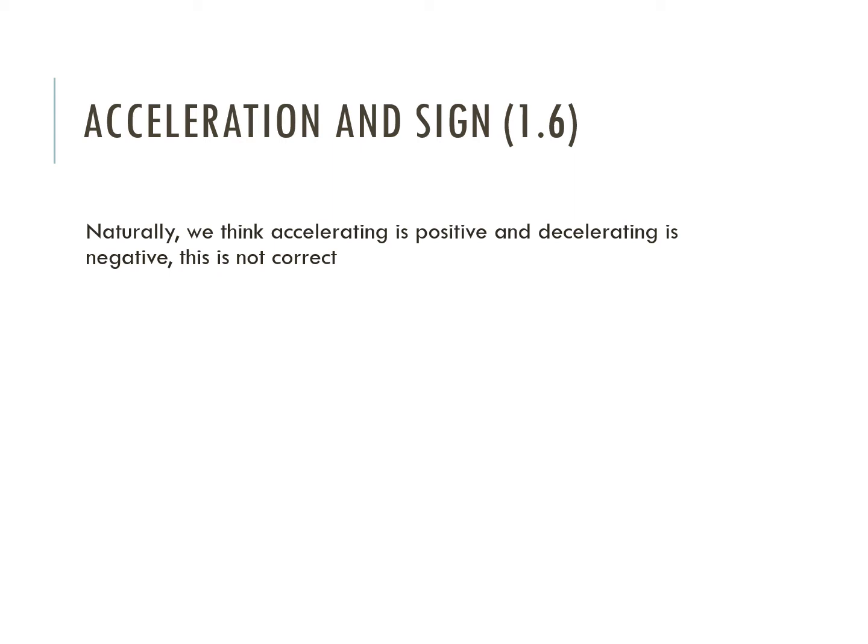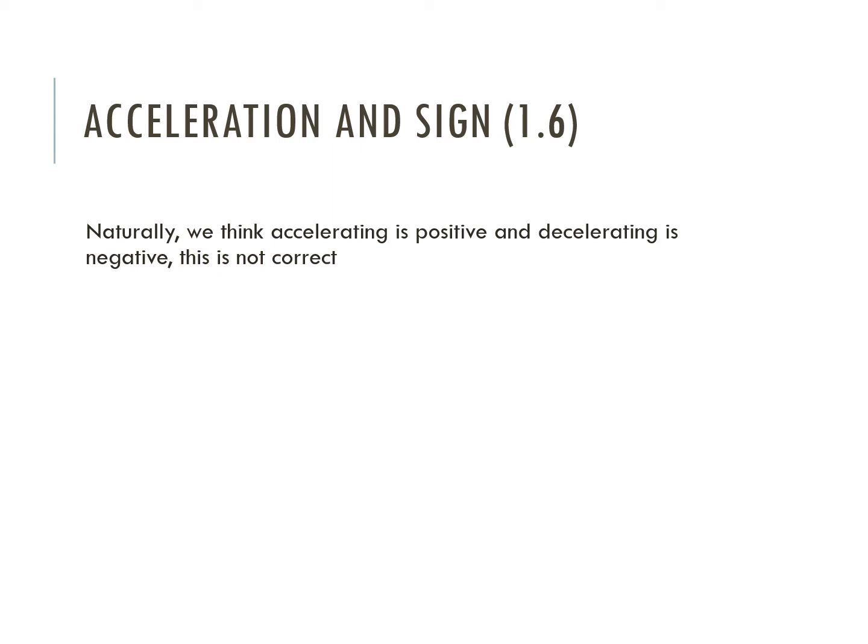Acceleration is different. And that's because how we personally think of acceleration in our day-to-day lives and how acceleration is in physics don't 100% match up with how signs are used. So naturally, when we think about acceleration, that indicates to us that we are speeding up.